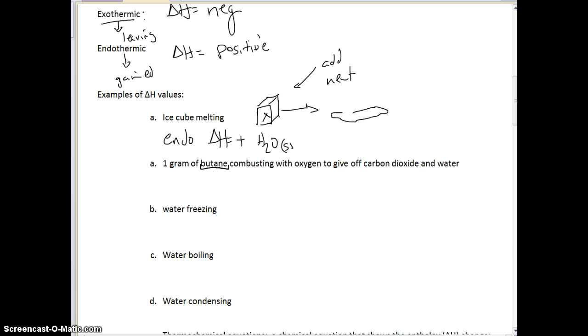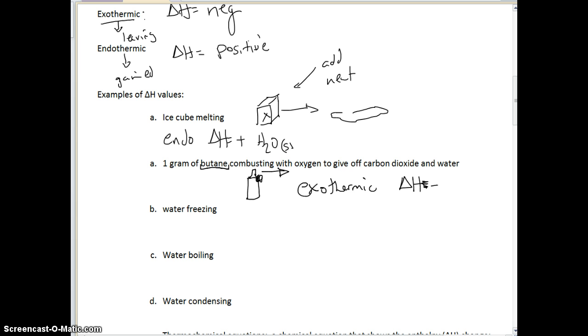If the lighter or the flame is our focus, it's giving off heat, right? So this is going to be exothermic. And anything that is exothermic is going to have a delta H value that is negative. Make that a negative.